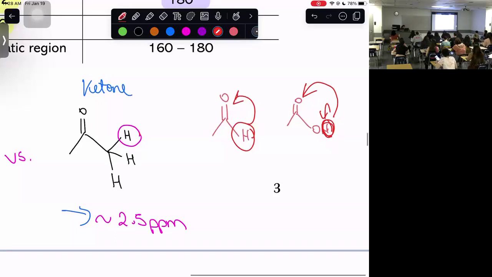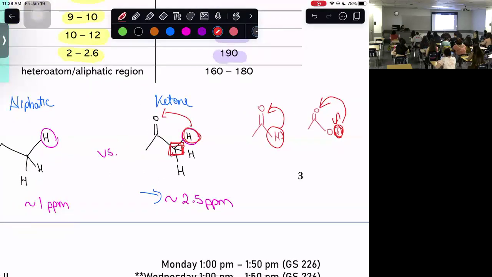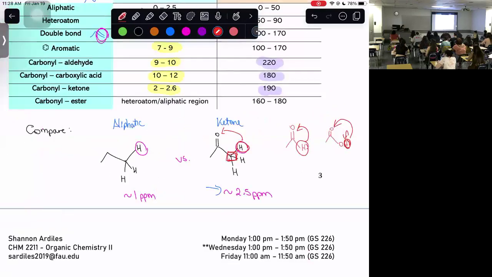Now, same process with the ketone. This hydrogen, it's somewhat nearby the carbonyl, but the main difference is that there's a carbon in between. That carbon in between is going to cause some shielding, some protection from it. So that's why it's not going to be in the carbonyl area. It's not going to be around 10 to 12. It's going to be more shielded. Okay. So questions on the concepts? Yes.